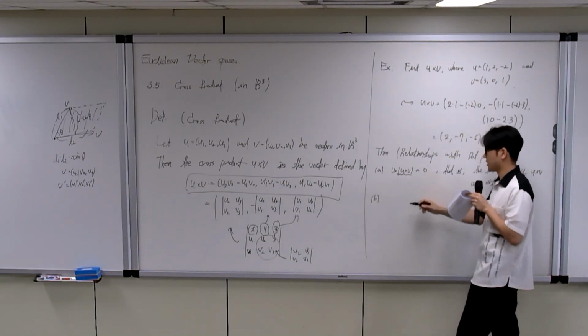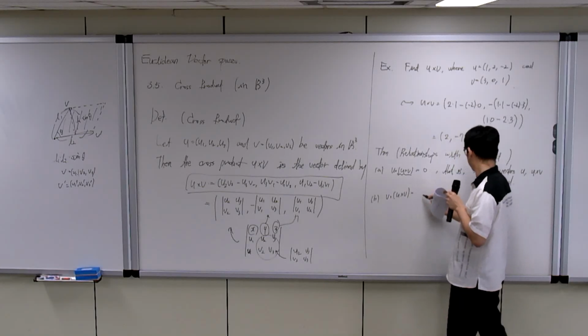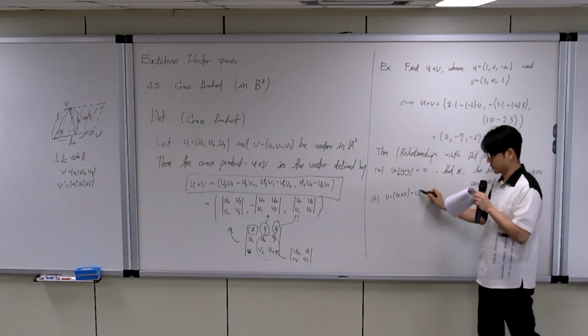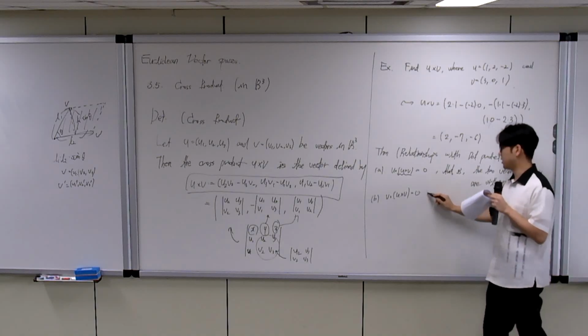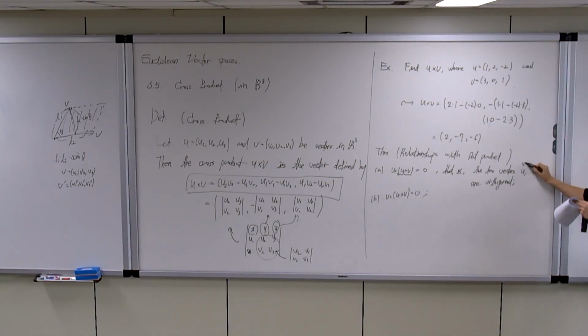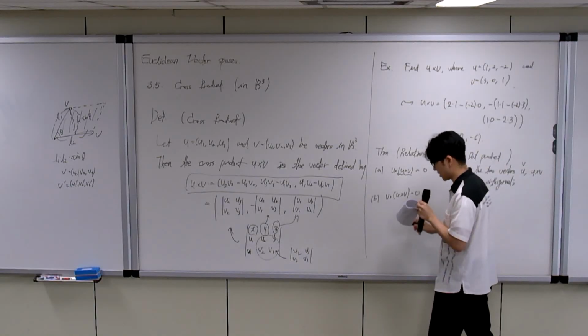And also when you calculate V dot (U cross V), it is also 0, and so V is also orthogonal to U cross V.